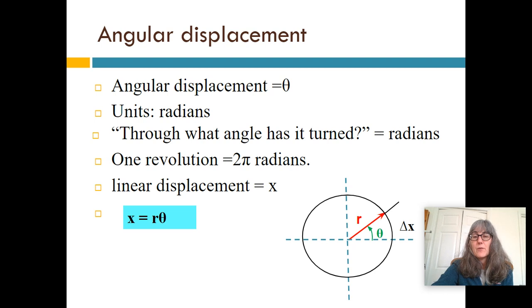But if you're further out, you have to go a bigger distance walking. Even though you've covered the same angle theta, you're covering a bigger distance walking. So the conversion factor between distance and angular displacement is going to be the radius. So r times theta is going to give us what x is.